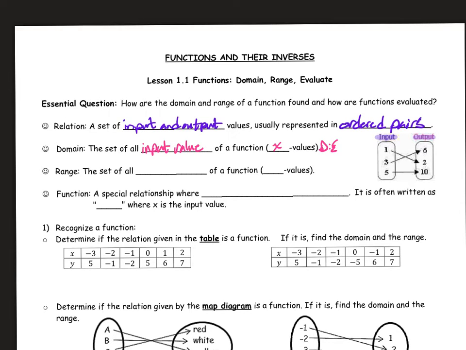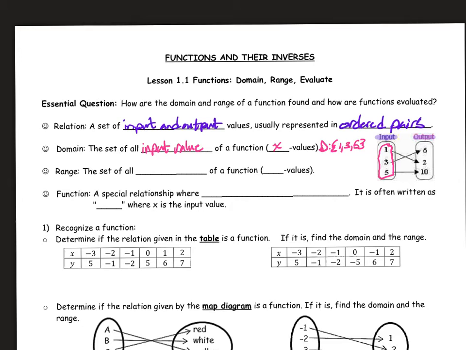So I'm going to look at my input. So it's these values, and I want to make sure when I put it into my set that I write them in order from least to greatest. So that means my domain is going to be 1, 3, 5, and the set closed.